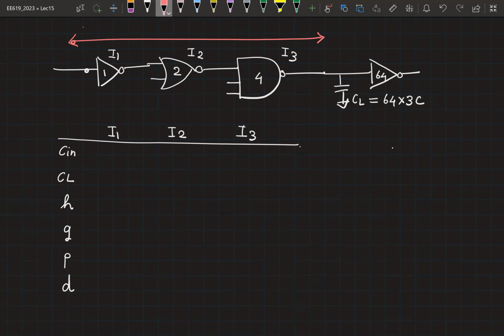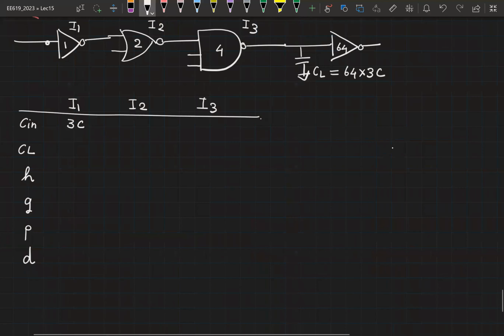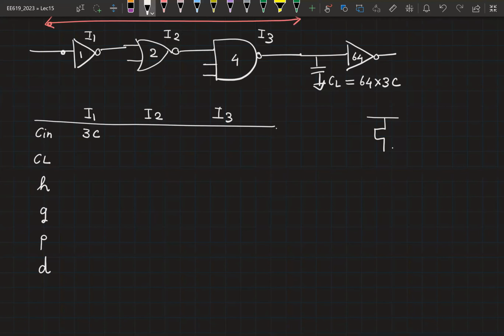What is the input capacitance of I1? This is equal to 3C. Input capacitance of I2? So I2 is a NOR 2. I'll start by considering a unit NOR 2 gate.